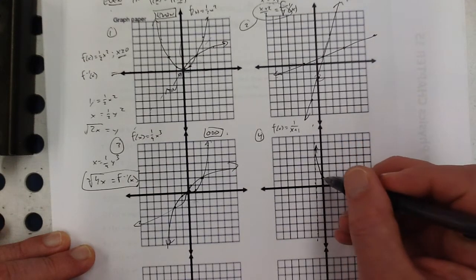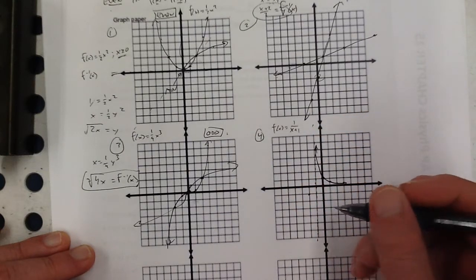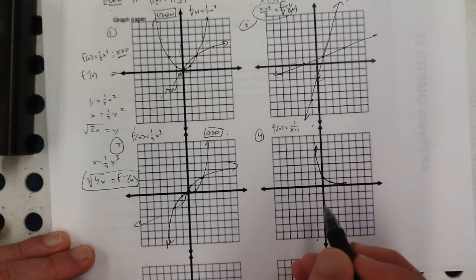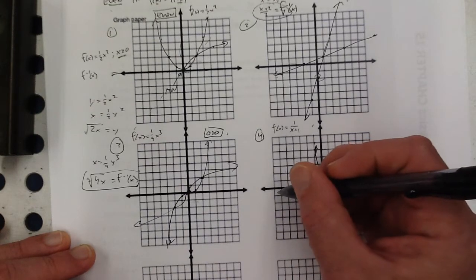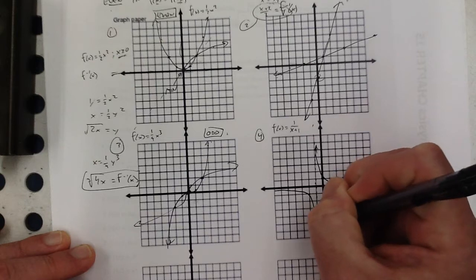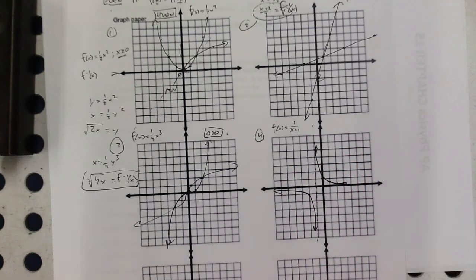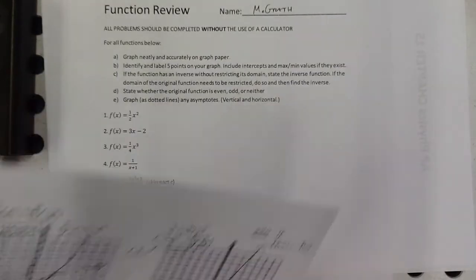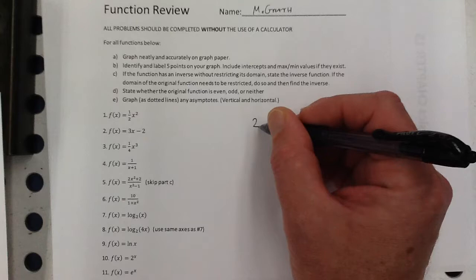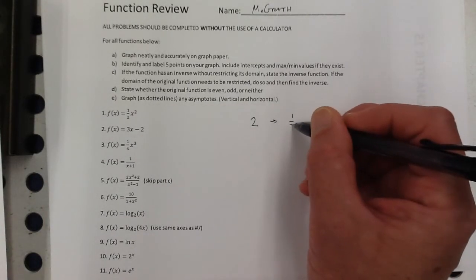Did you know that the function f of x equals 1 over x, or y equals 1 over x, is not called the inverse function, because inverse has a couple of different meanings in math, unfortunately. One of the meanings is that if you have a number like 2, the inverse of 2 is 1/2.